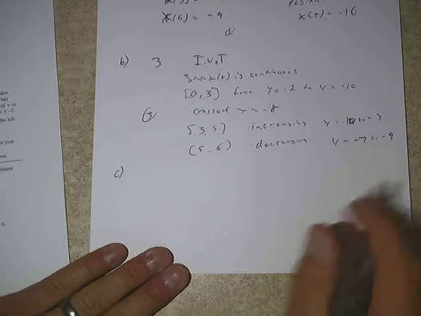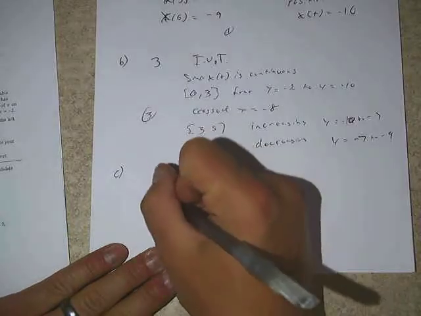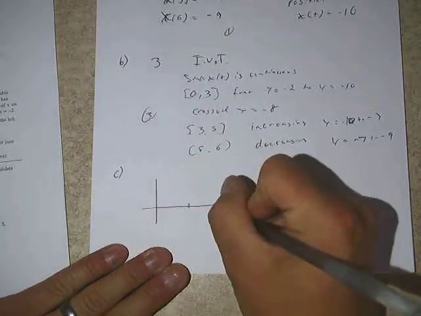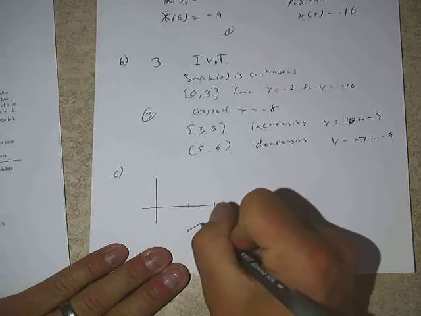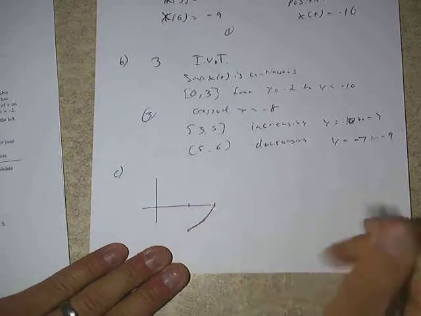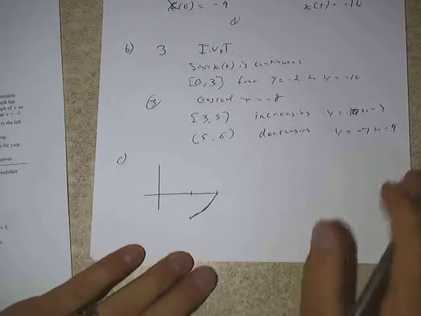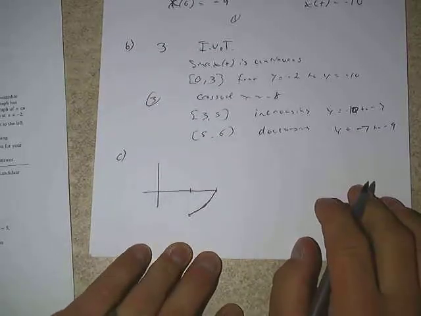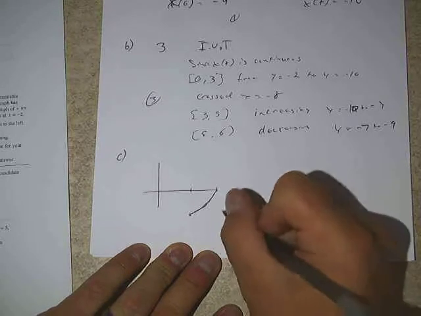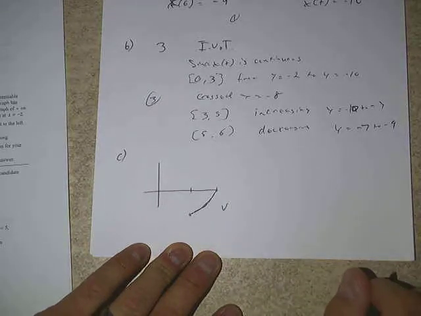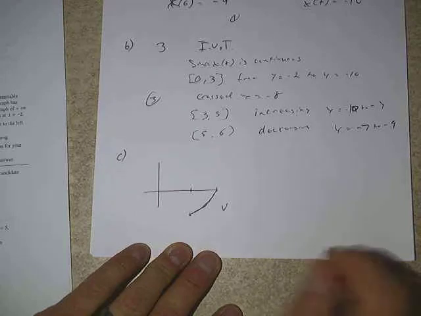The next part says, on the interval 2 to 3, is the speed of the particle increasing or decreasing? So keep in mind that on that 2 to 3 interval, we're going from here to here. Right?